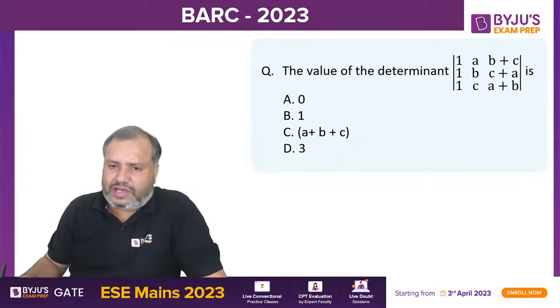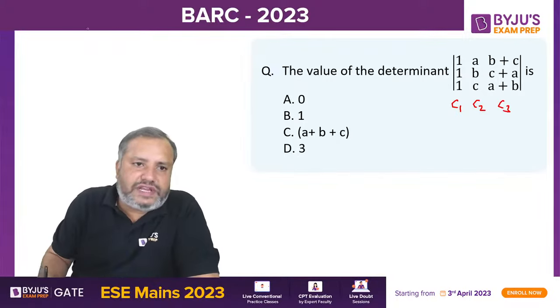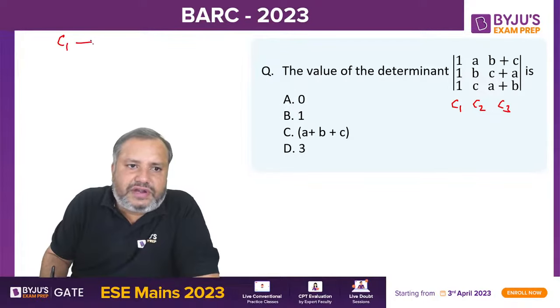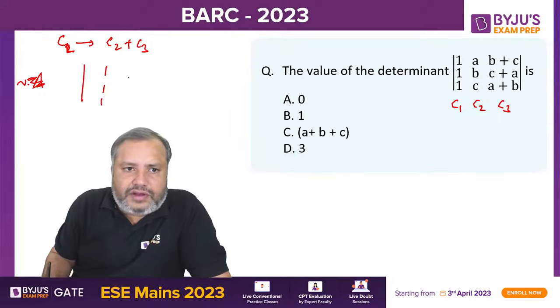I want to calculate the value of this determinant. Students, this is column C1, column C2, and this is column C3. What I am suggesting is C2 tending to C2 plus C3, so you will get this determinant: 1 1 1, and you will get a plus b plus c, a plus b plus c.